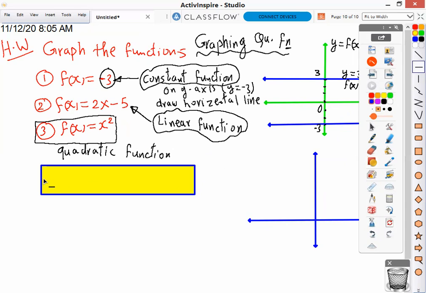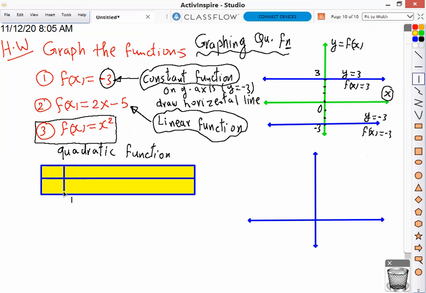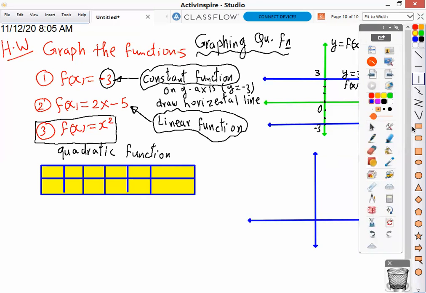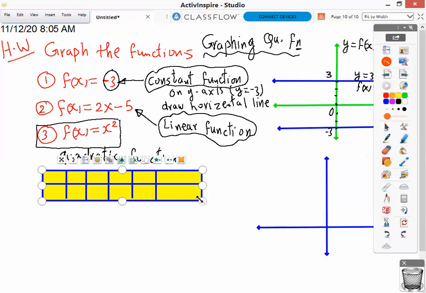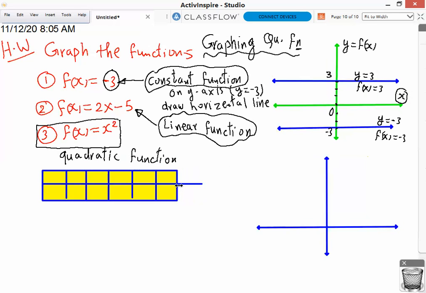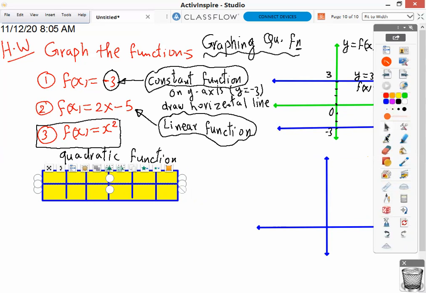This line, and you have these lines. Now we put some values for x and y.